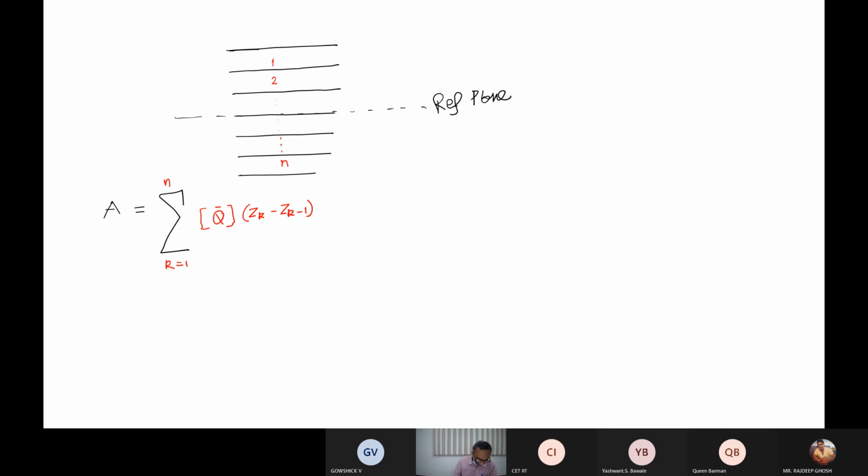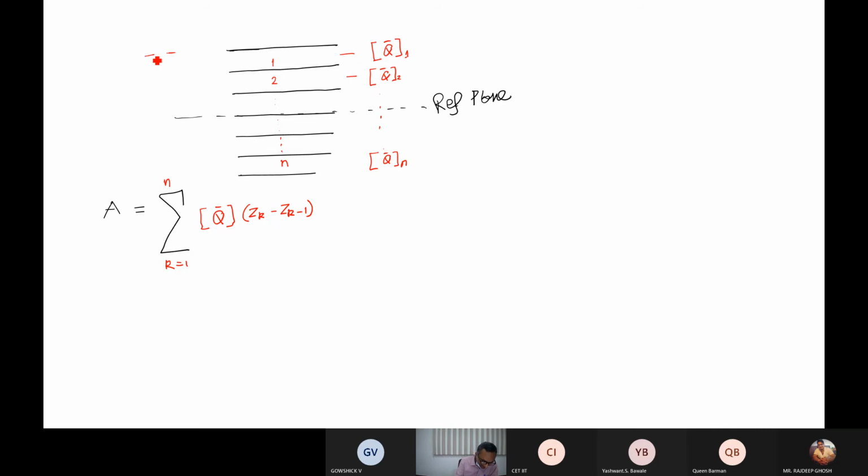Suppose we consider the first layer. Q bar for the first layer will be different from Q bar of the second layer, and it will be different if all the layers are different. They are different in each layer. So for the first layer, we have Q bar 1.